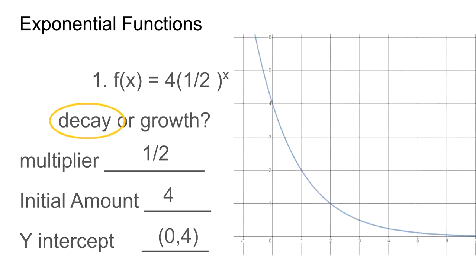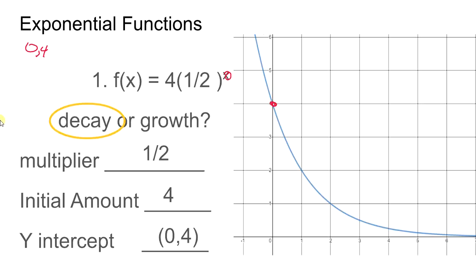And when I graph it, it's going to look something like this. So like any function, if I were to plug in different values for x, for example, in this case, if I were to put in a 0 for x, well, anything to the 0 power is going to be equal to 1. And so then my point would be 0, 4, which you can see here we've got graphed.